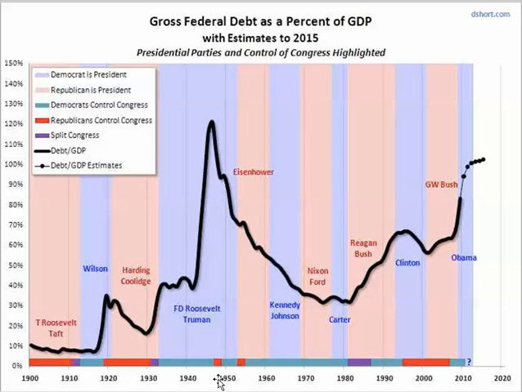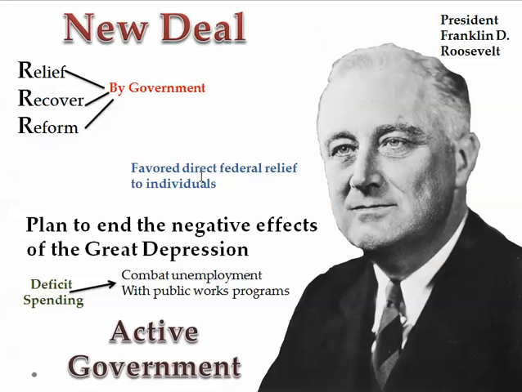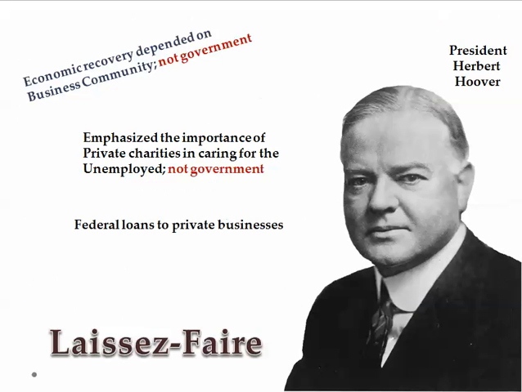And if you see here, after 1945, after World War II, the debt comes tumbling down again. Okay, and we're going to look at that in just a few seconds. So FDR is going to use active government to give people government jobs or public works programs, the 3 R's, and he's going to help individuals directly in this New Deal program, which is a departure from laissez-faire.